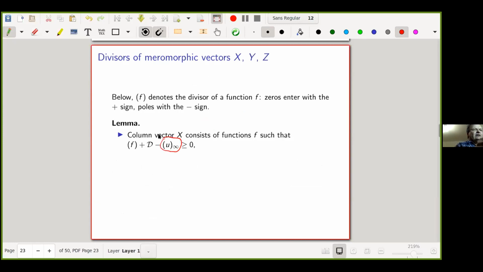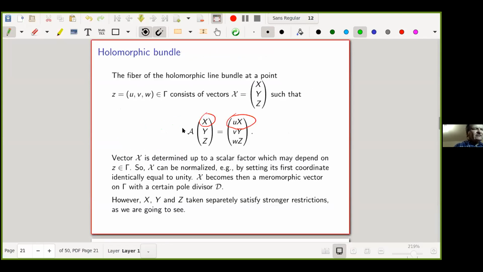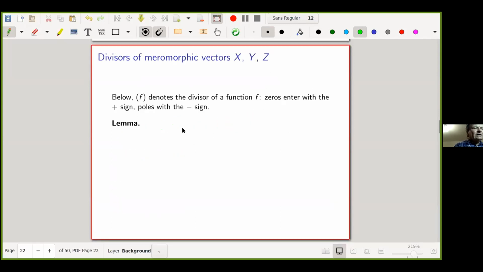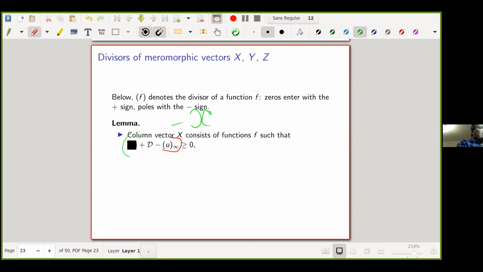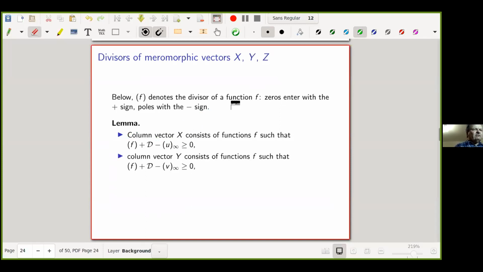For my meromorphic vector X beautiful, only this D is relevant. But if we take separately its first vector component, then there are more restrictions for X capital, for Y capital, and for Z capital.